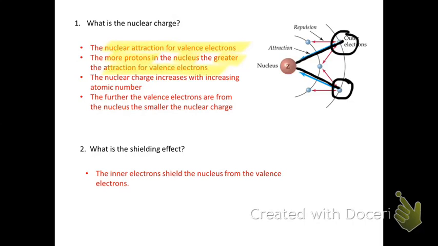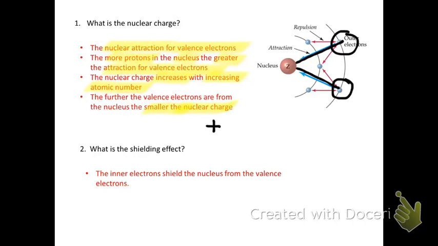Now, the nuclear charge increases with increasing atomic number. Alright? So keep that in mind. And then the last important thing is that when the valence electrons get further away from the nucleus, then the nuclear charge is going to get smaller. It's going to actually decrease. So we can kind of look at this idea.